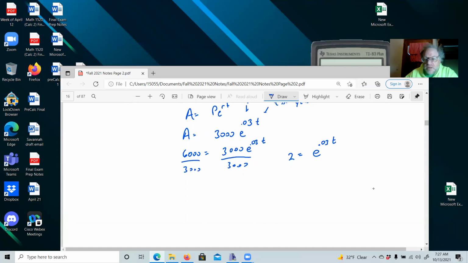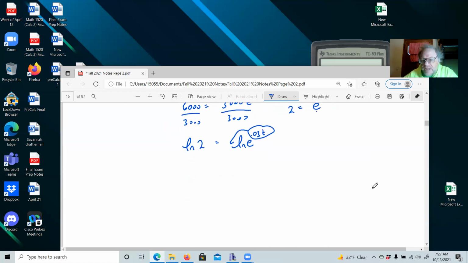We take a logarithm. So we're going to say log 2. I'm choosing natural log because the base is an E. Is equal to ln E to the 0.03 T. This business here comes down in front. So we end up with natural log of 2 is equal to 0.03 T times the natural log of E. What this is asking: E raised to what power is equal to E? 1.